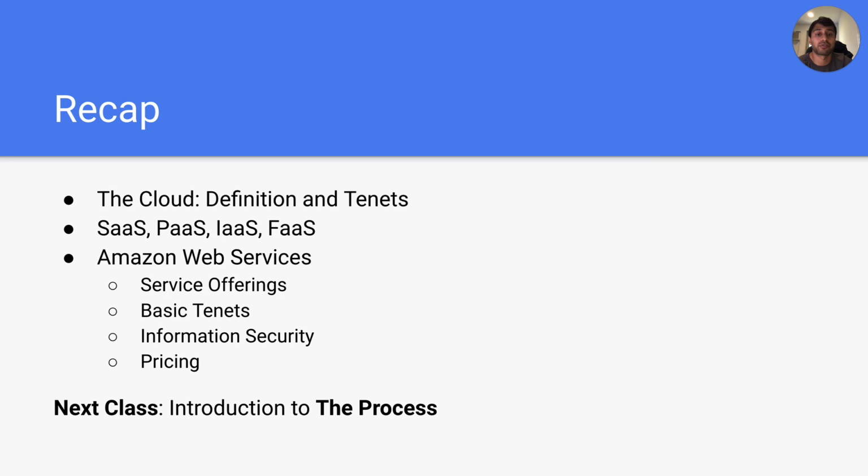We then covered the 4 different service offerings that cloud vendors can provide: SaaS, pre-built software that lives in the cloud like Gmail; PaaS, pre-built tools that live in the cloud, like DBMSs; IaaS, infrastructure as a service that lives in the cloud, including raw servers themselves and networking; and FaaS, which is serverless functions for your microservice suite that live in the cloud. We then took a deep dive into one specific cloud vendor, Amazon Web Services. We looked at some of its basic service offerings, tenets on which it operates, how it guarantees information security, and how it's priced. So that's the cloud.